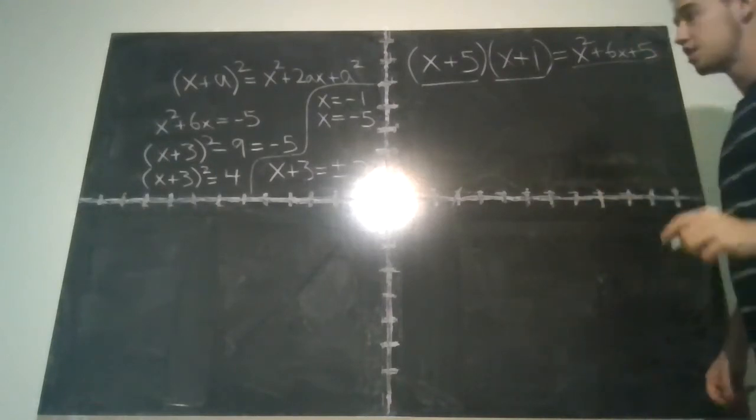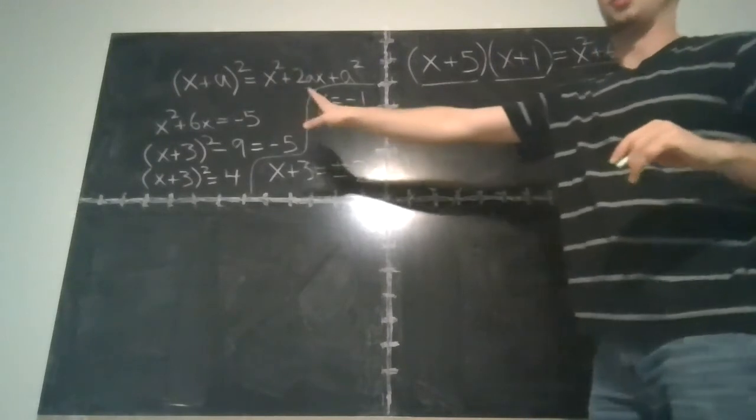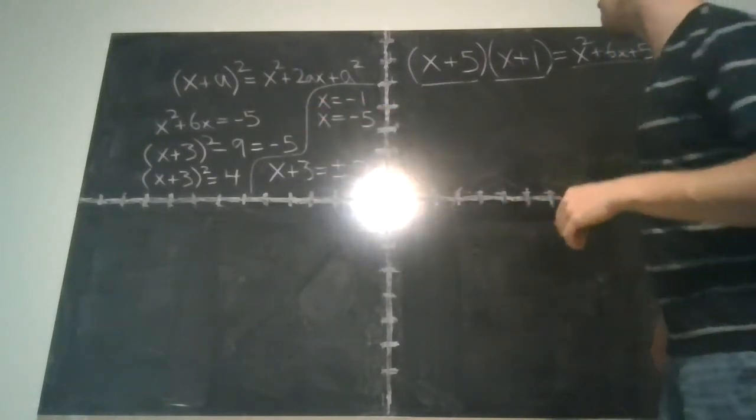So, the act of doing all of this is called completing the square.